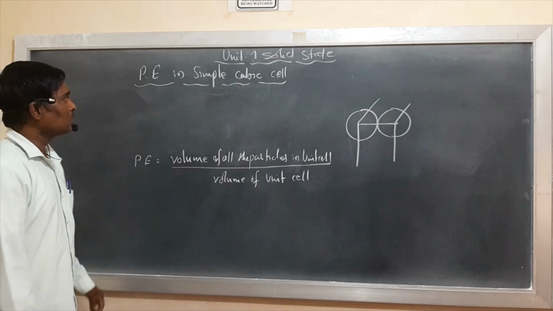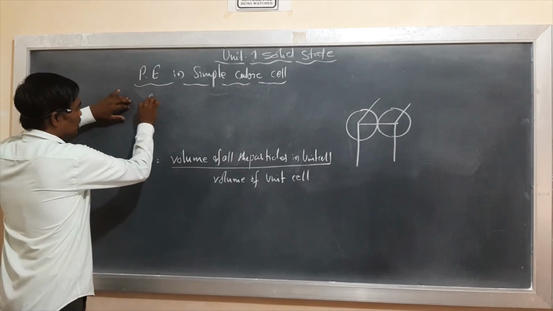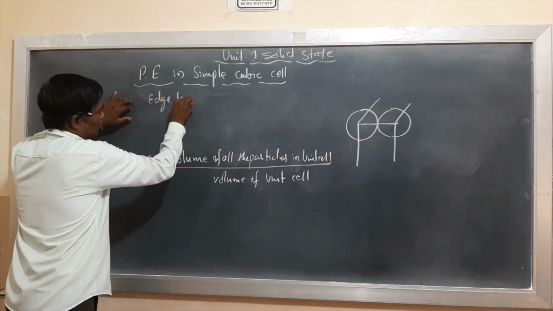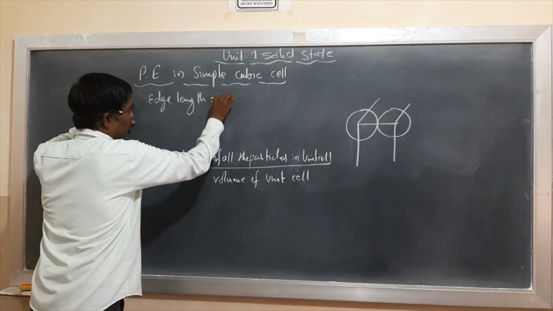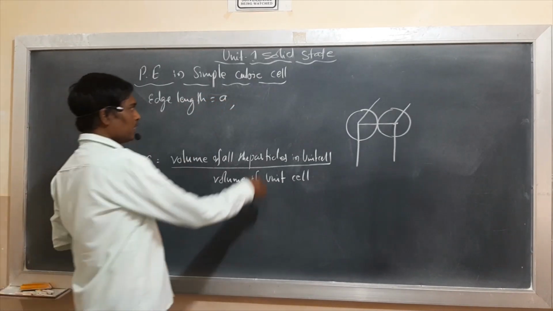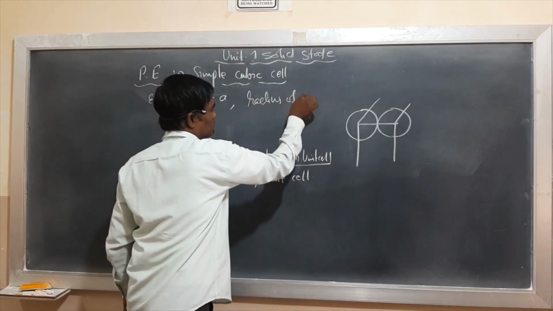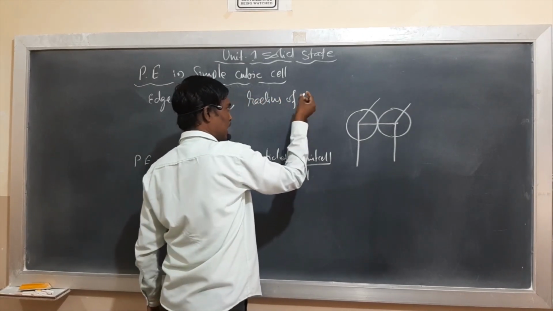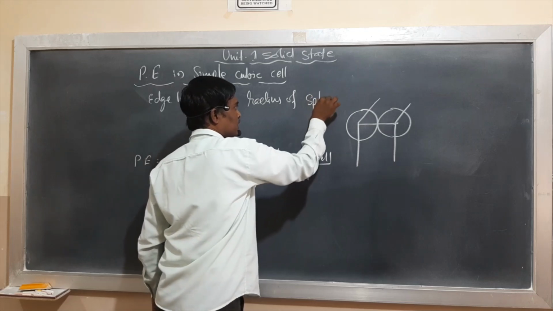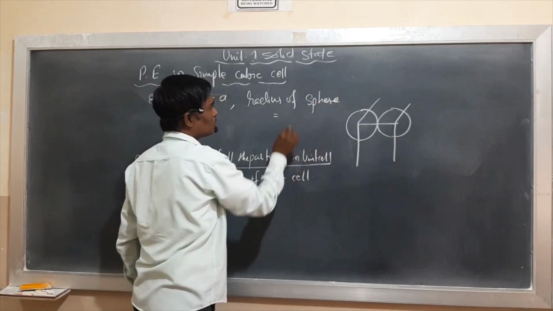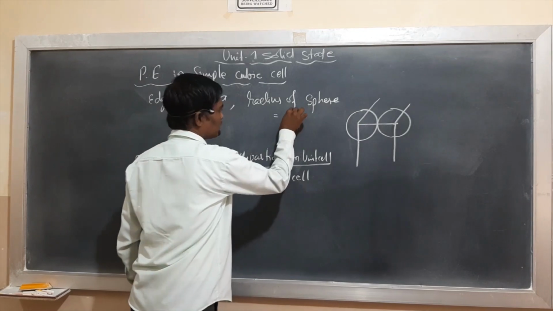let me define some terms: edge length of the unit cell as a, and radius of the sphere, I'm defining the atom as a sphere, so radius of each sphere as r.